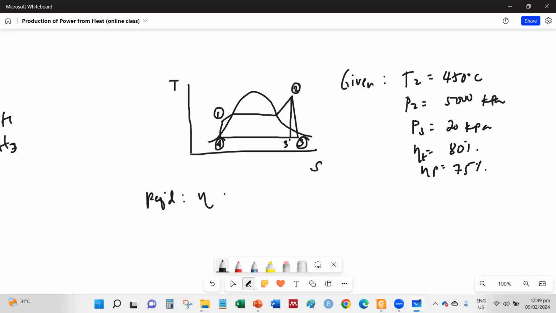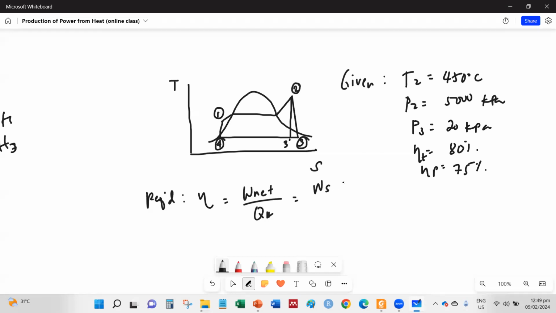Since the efficiency of the pump is given, we cannot neglect the work required by the pump, and therefore the efficiency of the entire cycle would consider the work of the pump.